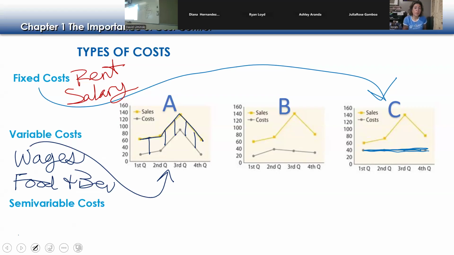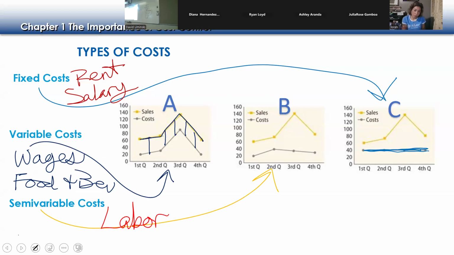Okay, semi-variable, we now know, is going to be letter B. You can see as our sales go up, so do our costs. As our sales come down, so do our costs, but not in the exact same proportion. Okay, and the reason why is because this is what we call labor.